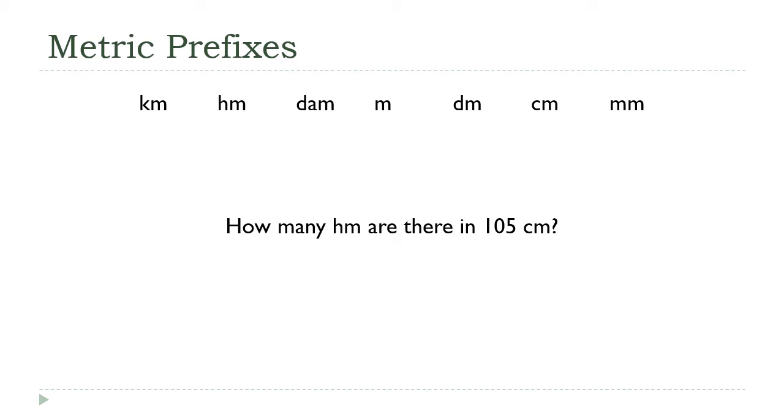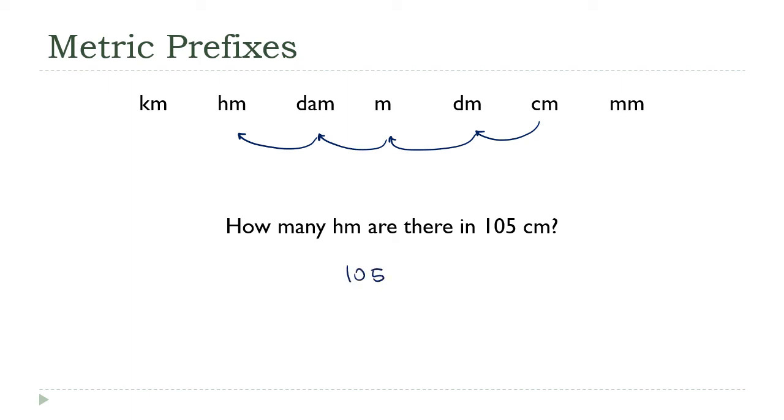All right, so I want to know how many hectometers there are in 105 centimeters. So I'm going from centimeters, 1, 2, 3, 4. I'm going 4 factors of 10 to get between these two. So I'm going to start with 105. And which way am I going to go?